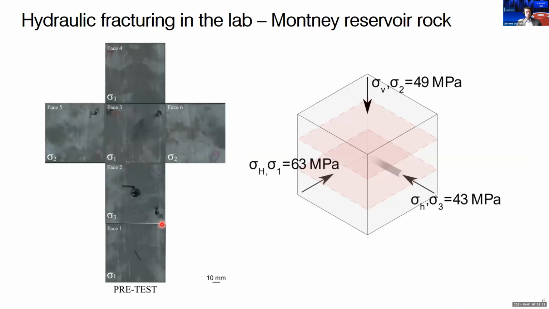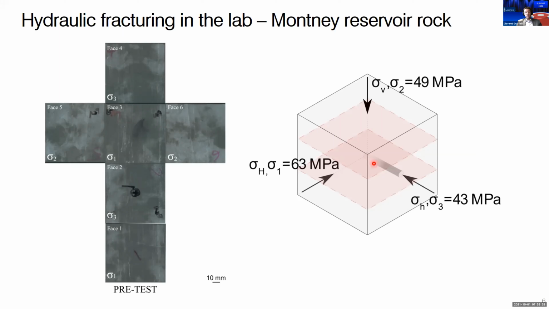So what we did, we created a lab sample, we took a sample and recreated a block. Specifically, for the first test that we are going to look at, the block has clear bedding planes, and those bedding planes are oriented parallel to the sigma 1, sigma 2 plane, with sigma 2 being the vertical stress and sigma 3 the horizontal stress.